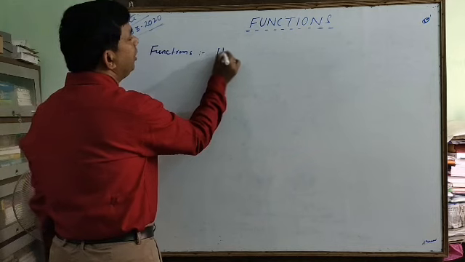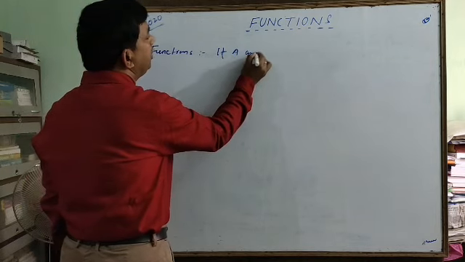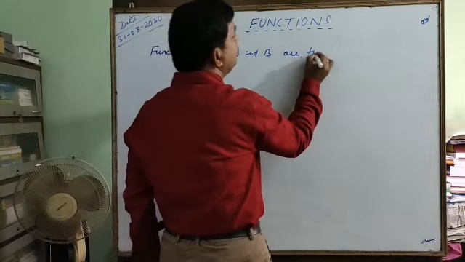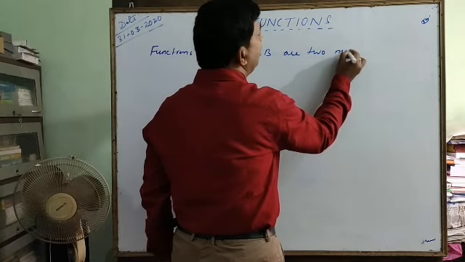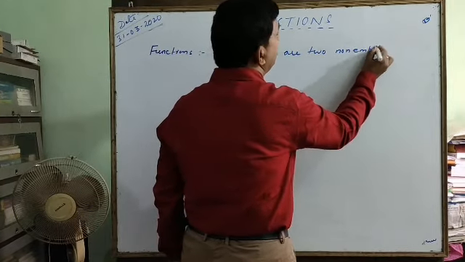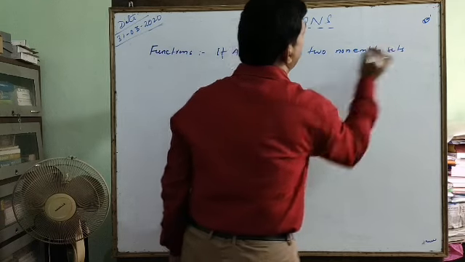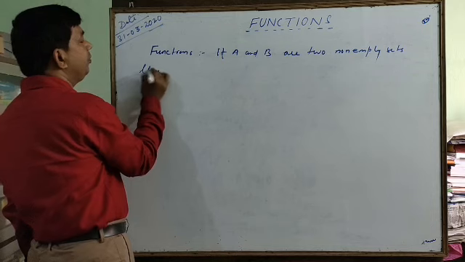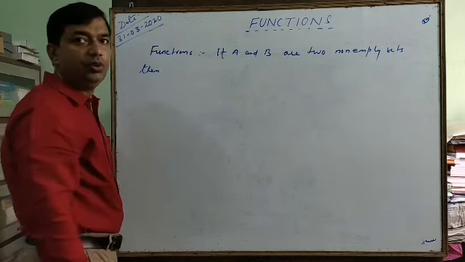If A and B are two non-empty sets, then actually a function is a rule.